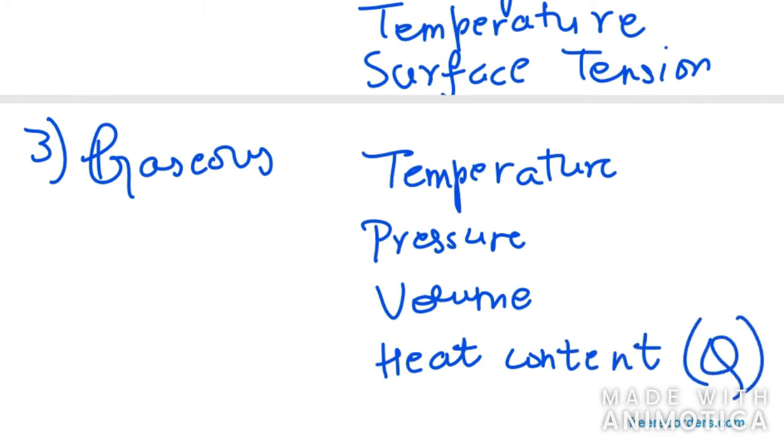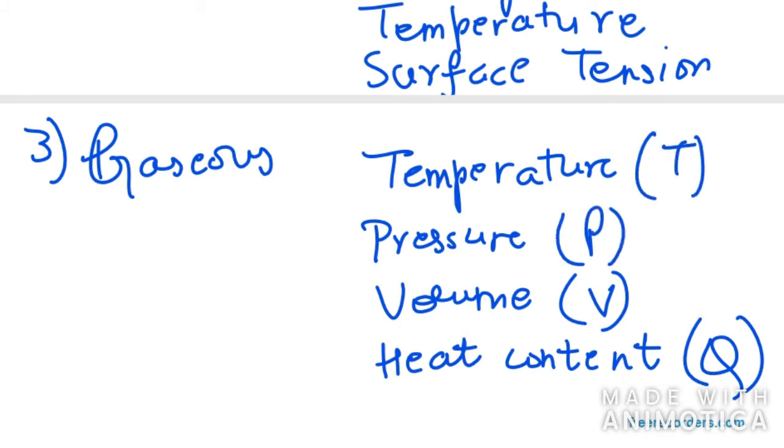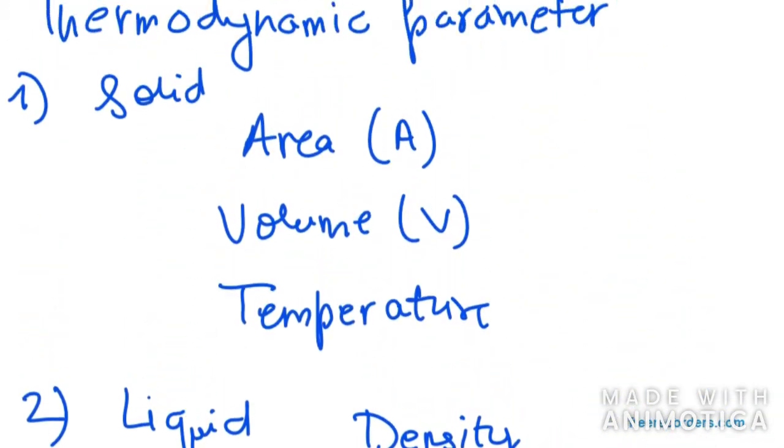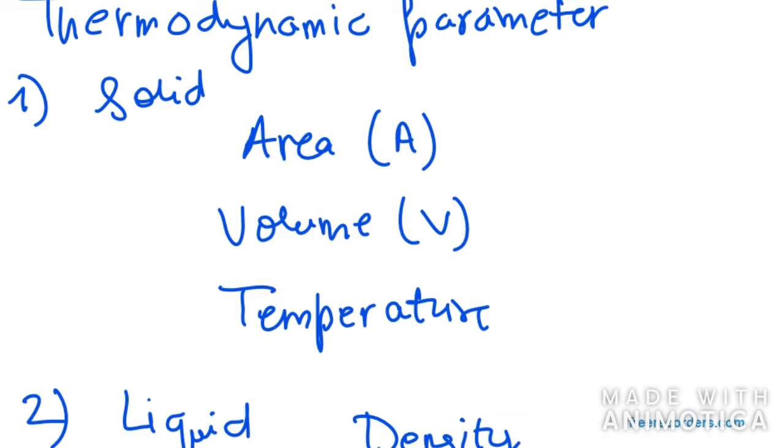Heat is denoted by Q, volume is denoted by V, pressure is denoted by P, and temperature is denoted by T. So we should know what parameters we have under different systems: solid, liquid, and gases.